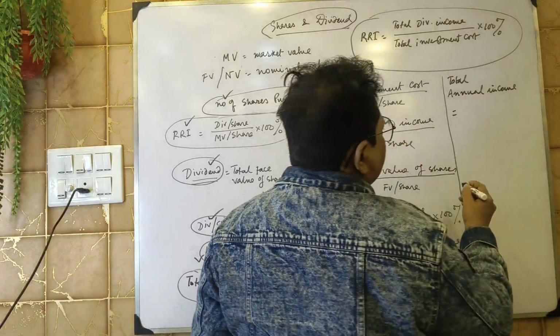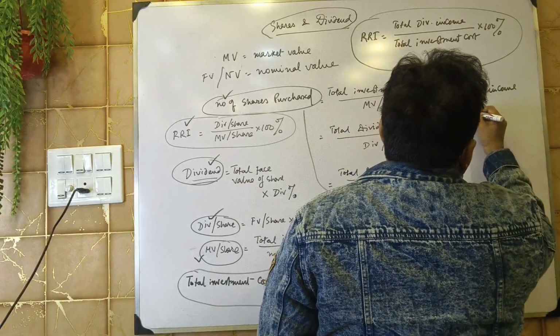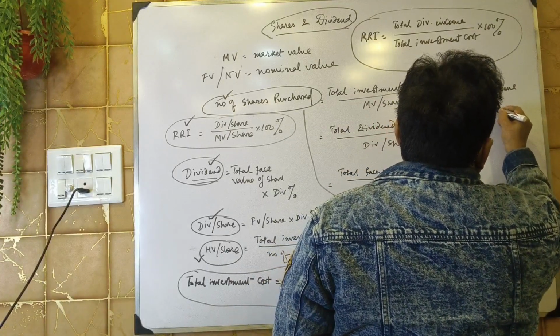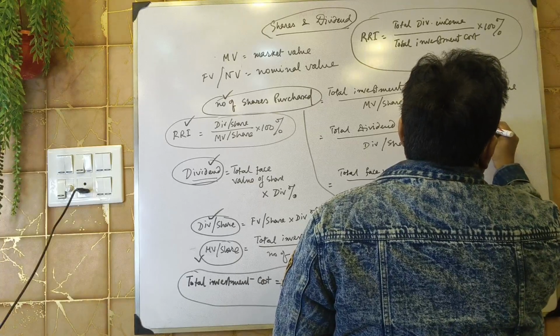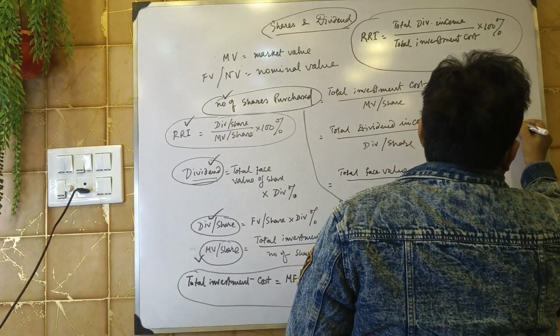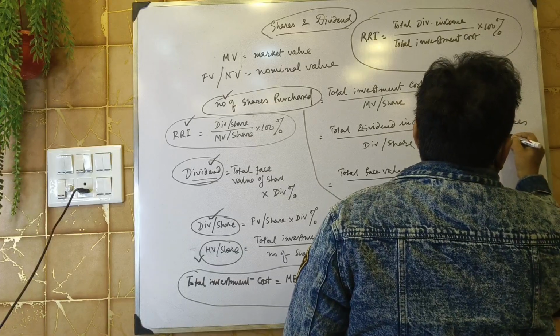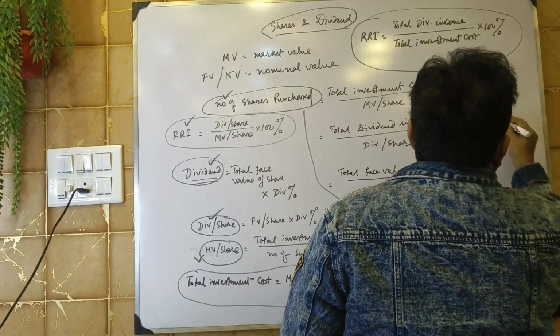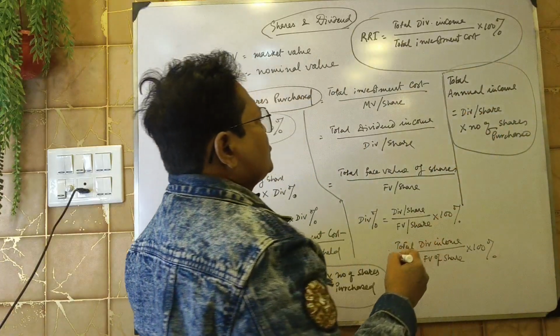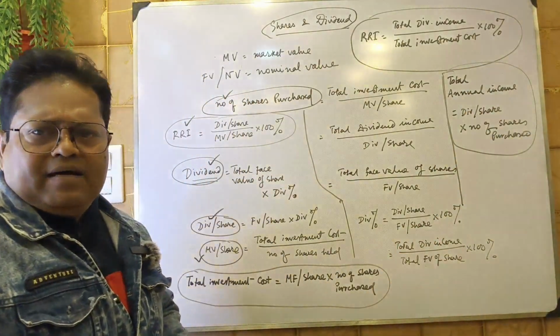Only one thing I have not told, that is the dividend per share into the number of shares purchased. This is the relation. What is the total annual income?